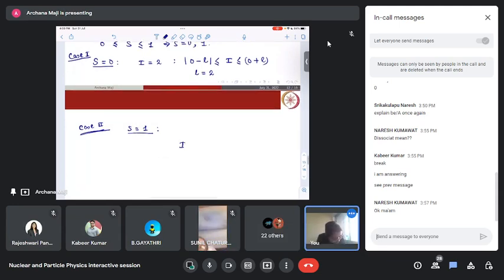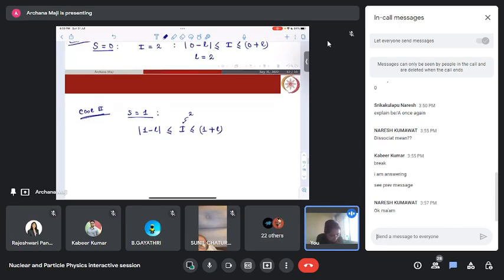And second case, when S is equal to 1, again I runs from mod of 1 minus L to 1 plus L. Now I should be 2. So what are the possible values of L?